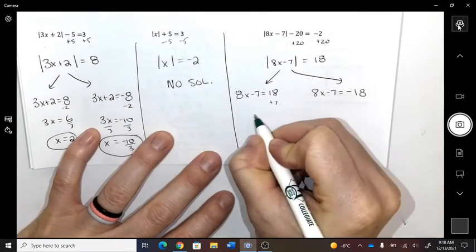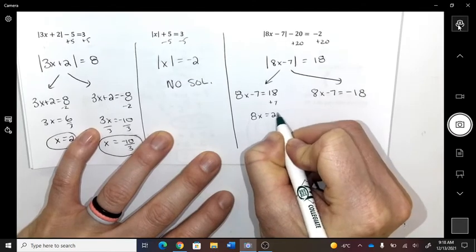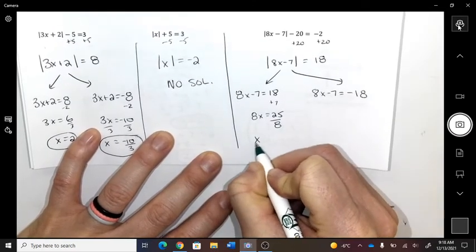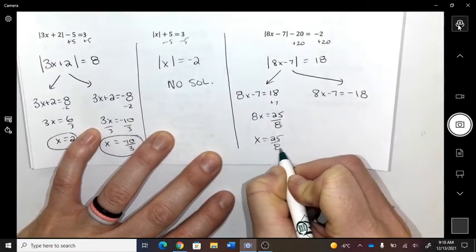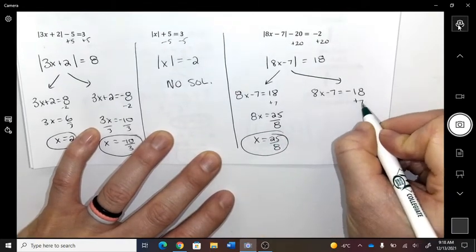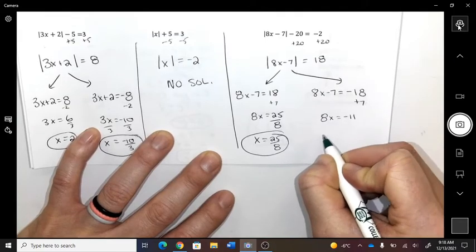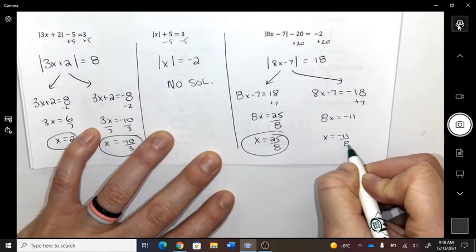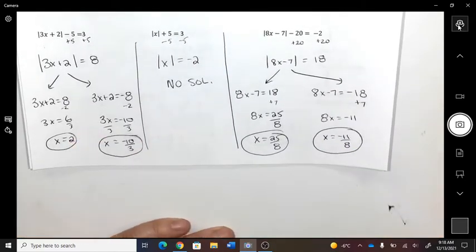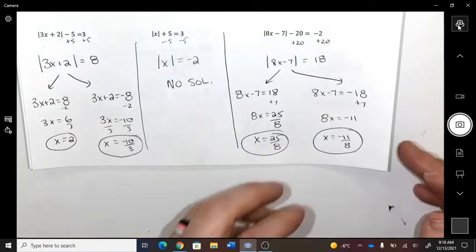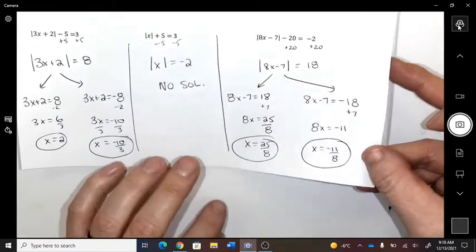So add 7, divide by 8. Okay, and fractions, just leave as fractions. That's all good.